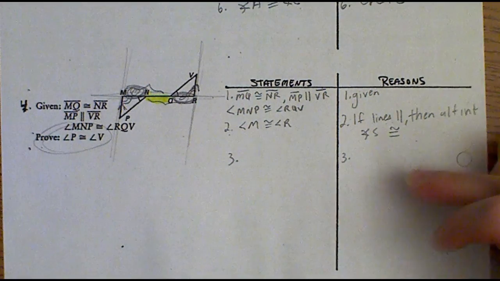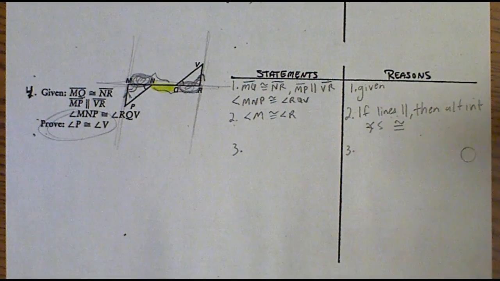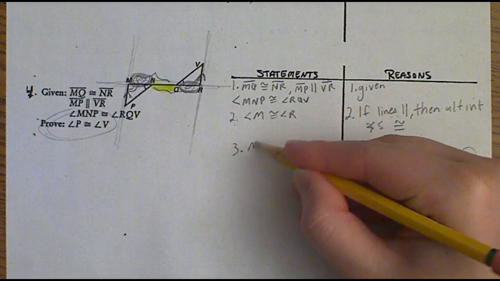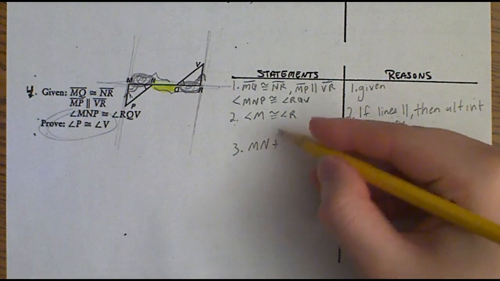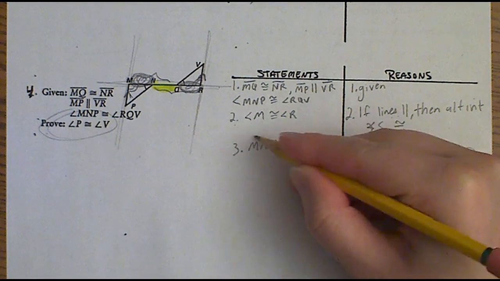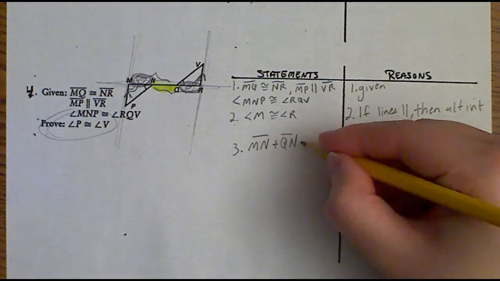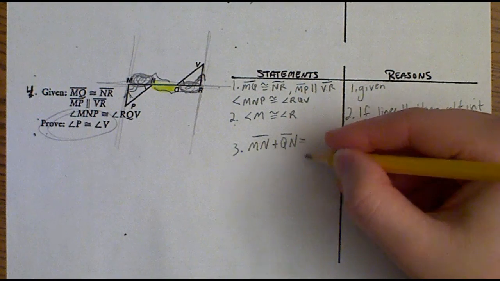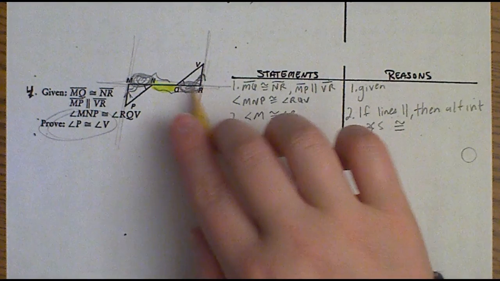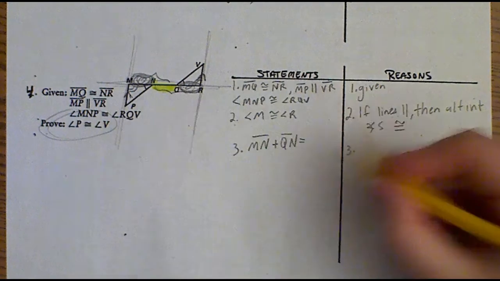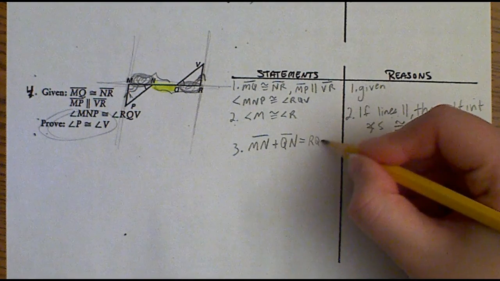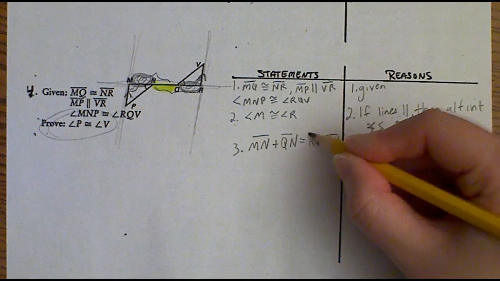So what I'm going to do is set up an equation. MN plus QN equals RQ plus QN. Right?